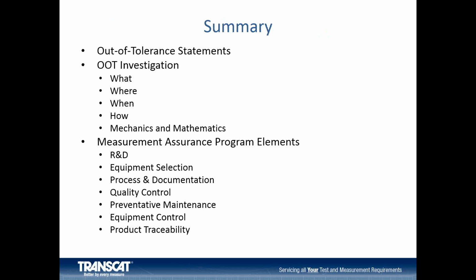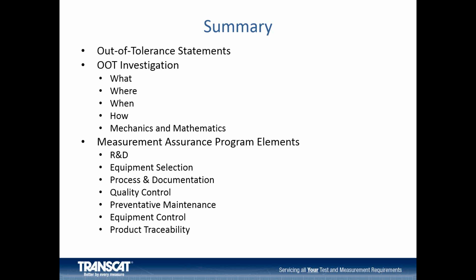So, in summary, we talked a little bit about how to conduct an out-of-tolerance investigation and a few elements of a measurement assurance program. The cost of a single product recall will far exceed any costs associated with time spent on the 4 steps of the investigation process, which eliminates products to be analyzed, so it is well worth the time.